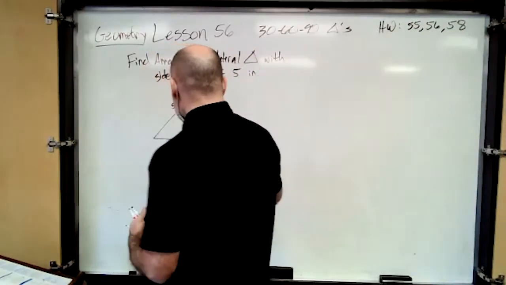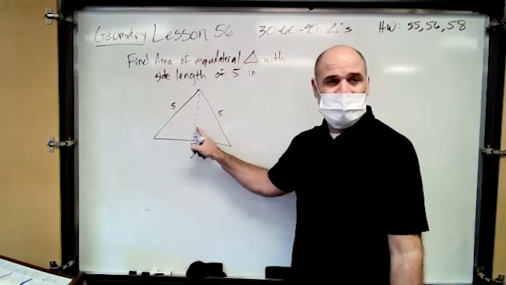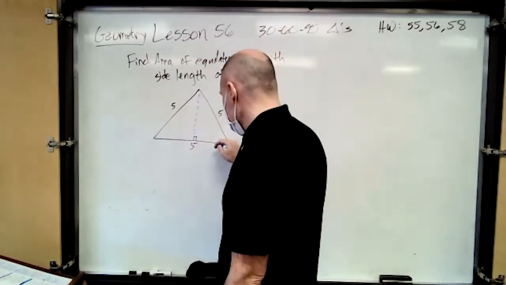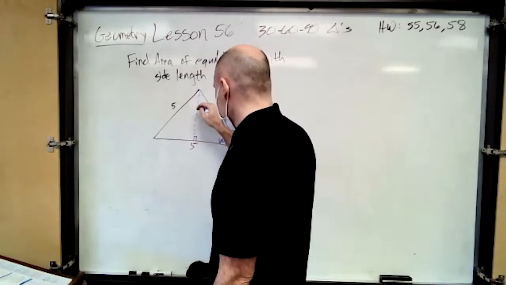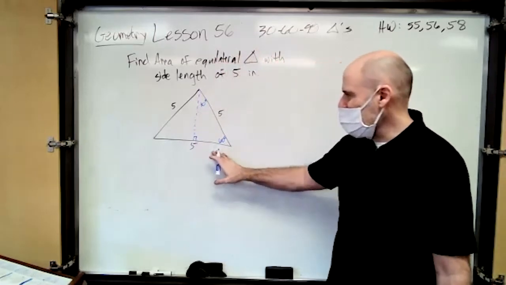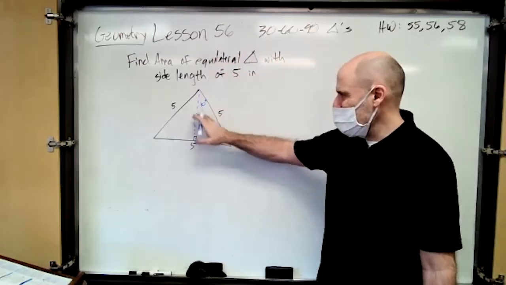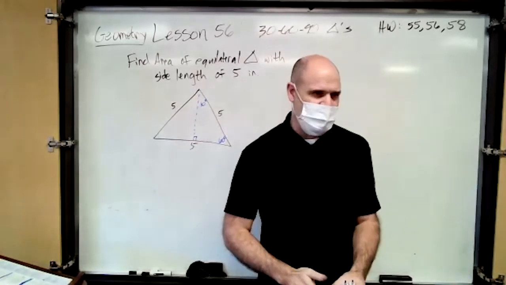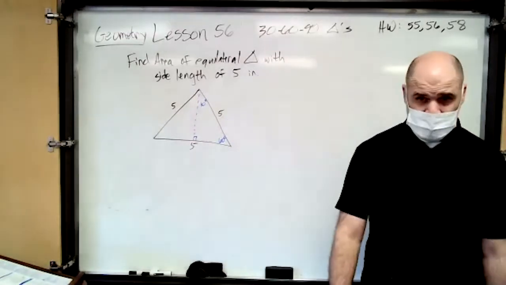But when I draw the height, this makes two 30, 60, 90 triangles. You see them? Okay, so this is 60, this is 30. So now I can find this. Well, first of all, how do I find that? Well, the longer leg is usually the last one you find, but it gives us the hypotenuse.